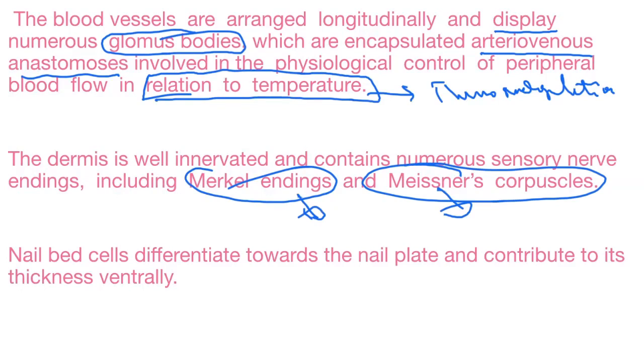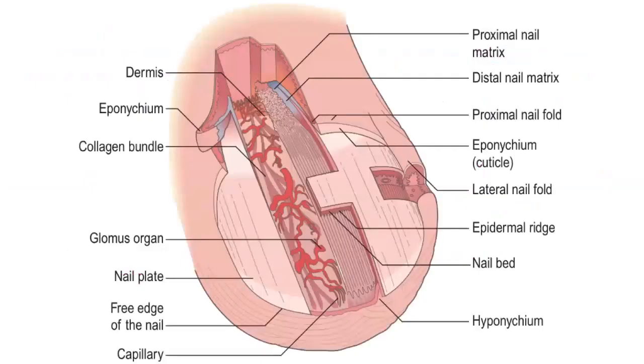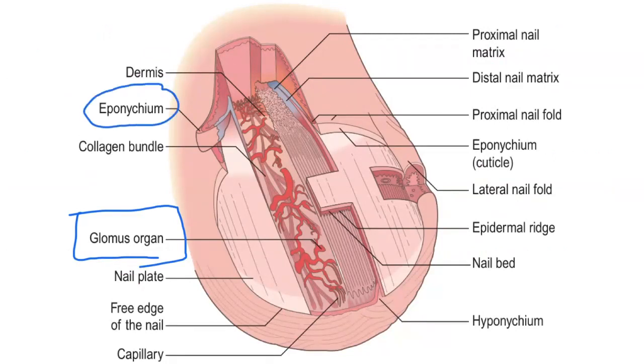Nail bed cells differentiate towards the nail plate and contribute to its thickness ventrally. So this is the glomus body, the glomus organ, a very intricate structure. This is the nail, okay. So this is the eponychium, you see, the cuticle. This is the hyponychium. Okay, all of this is the nail bed, right?